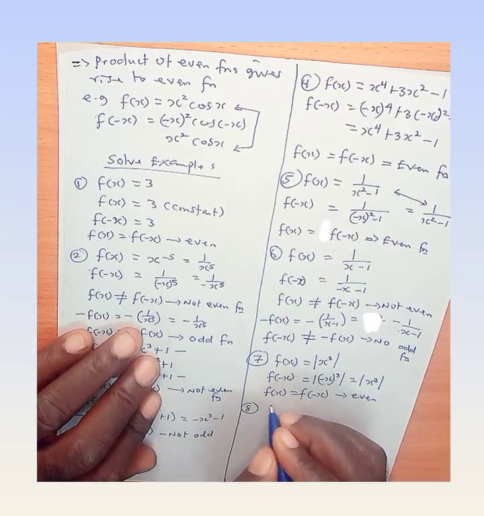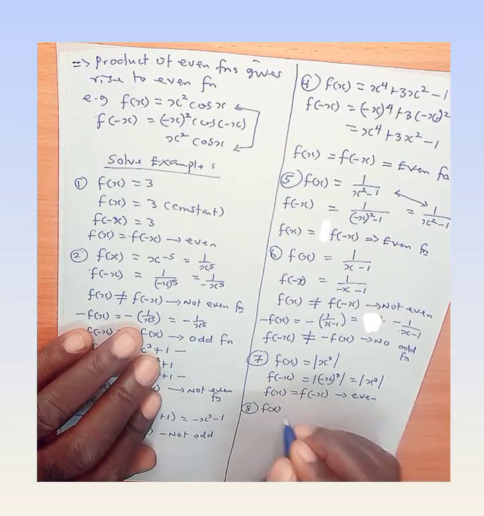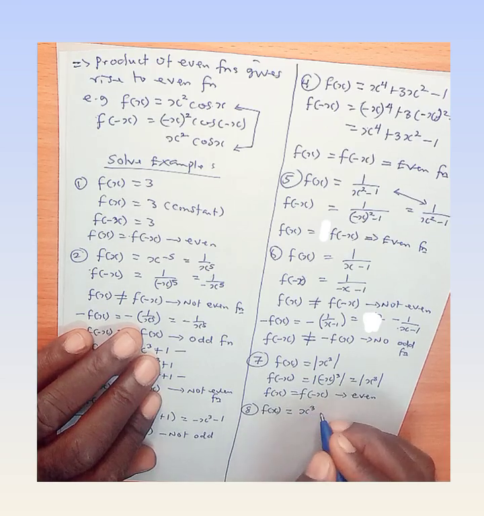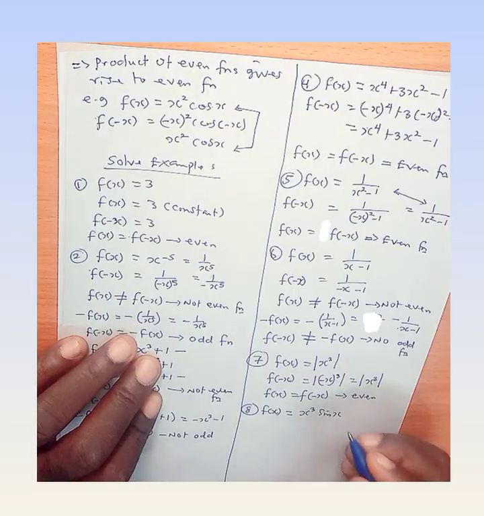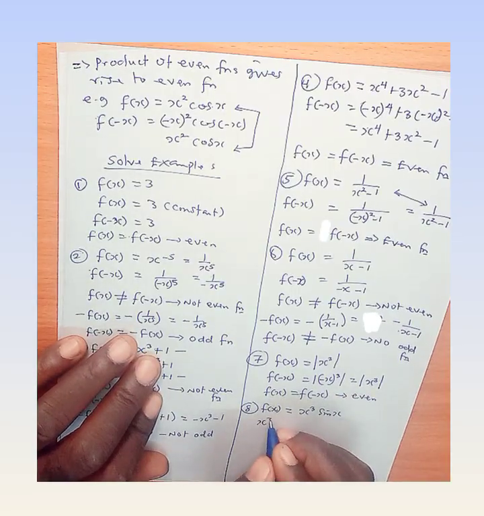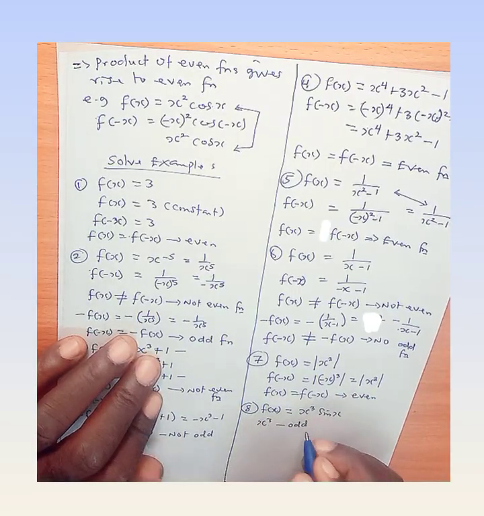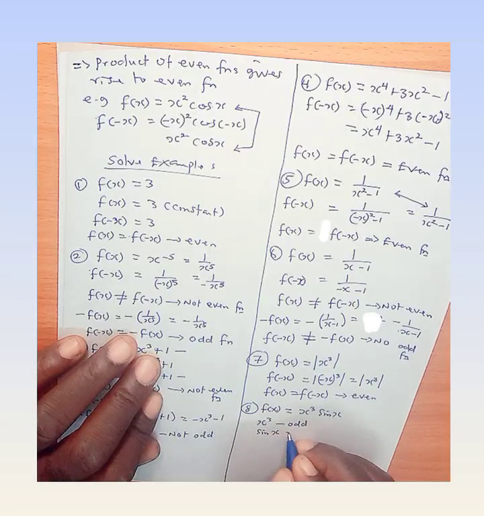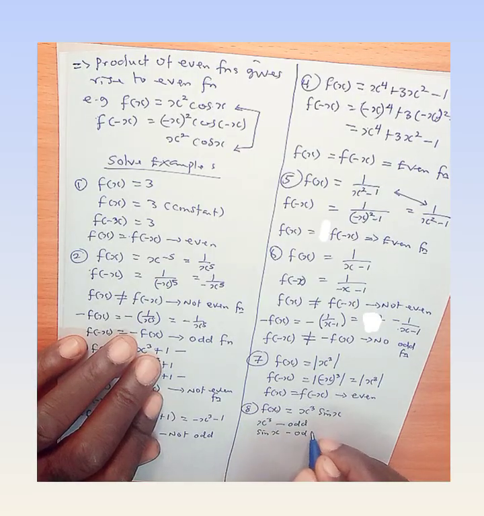Number 8 here, we have f of x is equal to x cubed sine x. When you look at this, x cubed is an odd function and sine x is also an odd function.